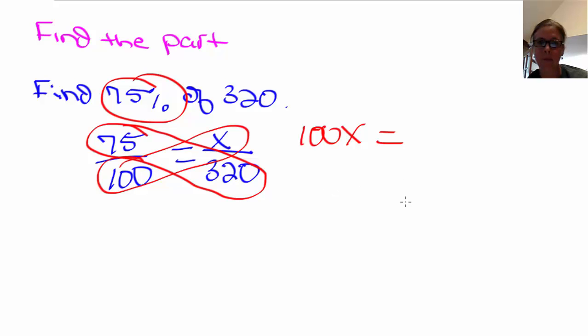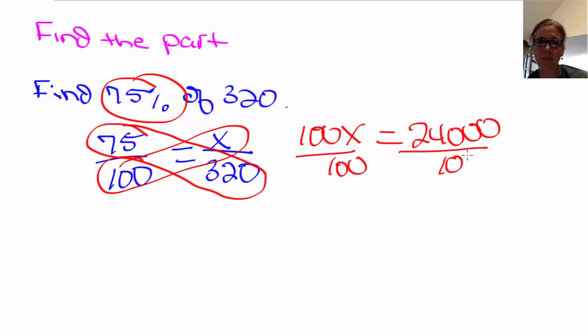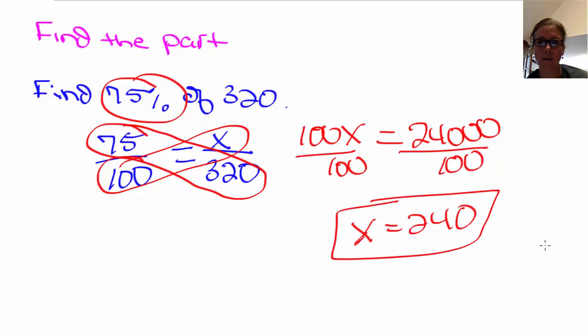Okay, 75 times 320 is 24,000. We divide by 100. Okay, so x equals 240. Okay, and you're done. So all of these you have to set up as a proportion.